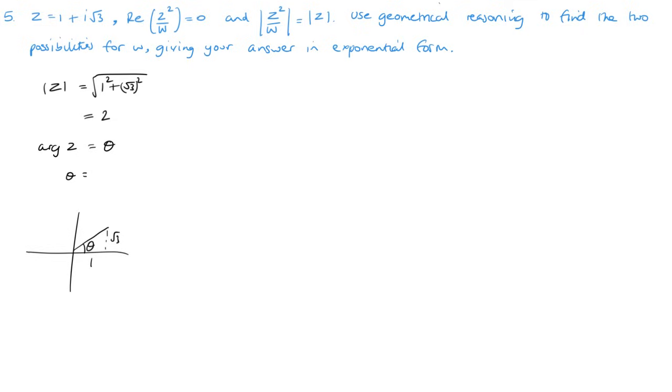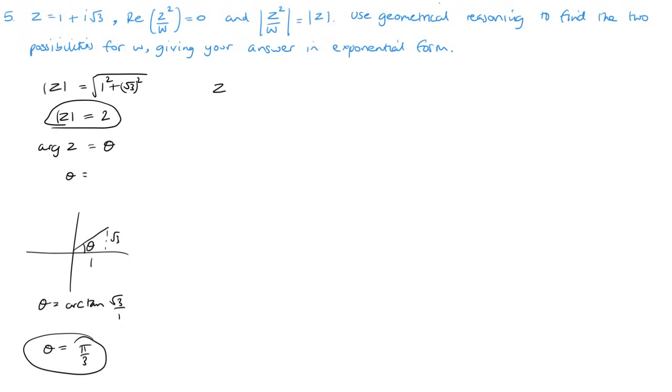So we don't need to find alpha, it is just the theta in this case. So theta is arctan of root 3 over 1, and that is pi by 3. So we've got some information. We've got this and we've got this. Now what else does our question tell us?